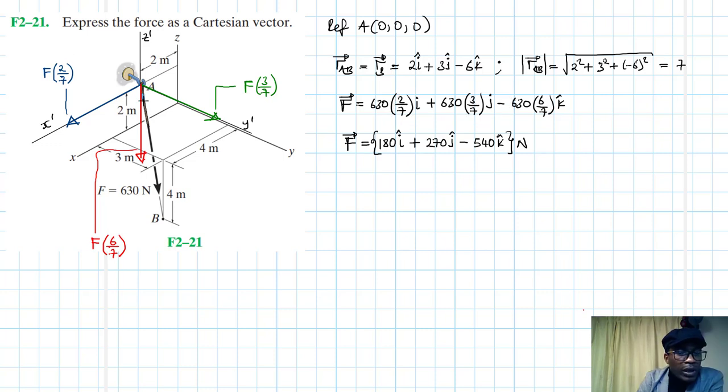Alright, let's find the angles. So we have this one here and this one here. This is alpha. This is alpha. Then we have this one.